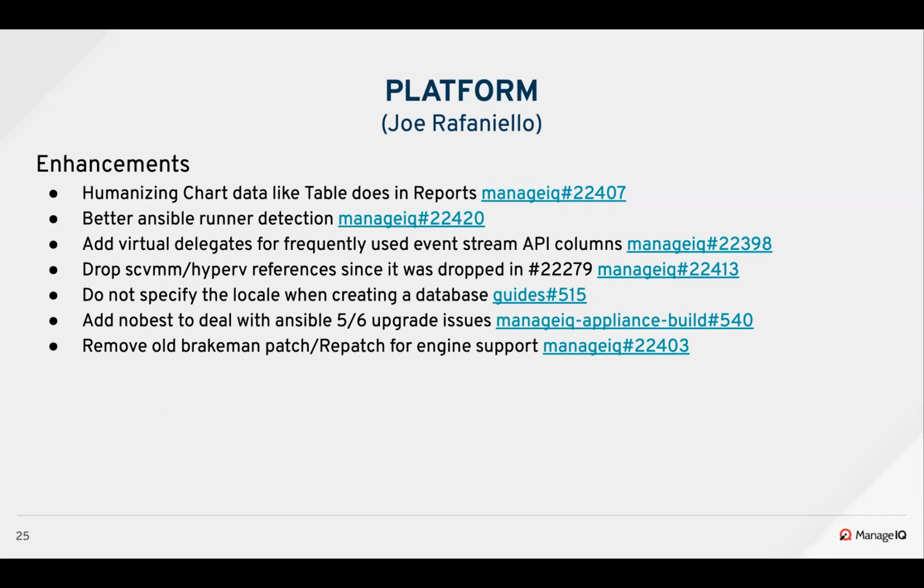Keenan improved the guides for dev setup by not specifying the locale when creating the database. Jason added the DNF option no best to deal with the issues with the Ansible 5.6 upgrade. And Jason removed an old Brakeman patch needed for including our engines in Brakeman scans, and that was no longer needed because the patch was done upstream. But then he realized we needed another patch in order to run from the engines themselves. So he added that. Next slide, please.